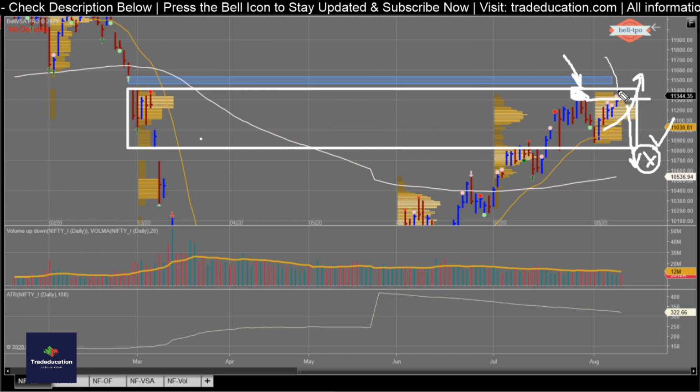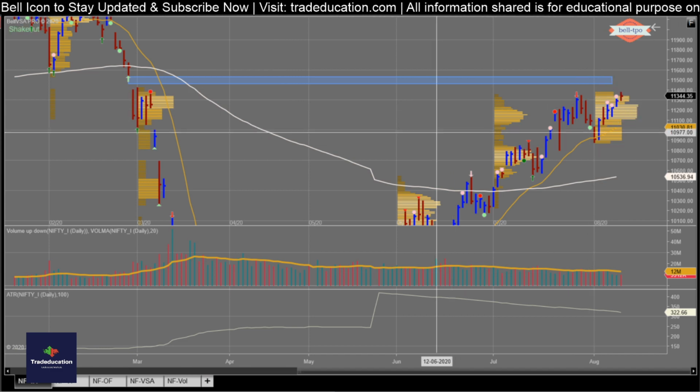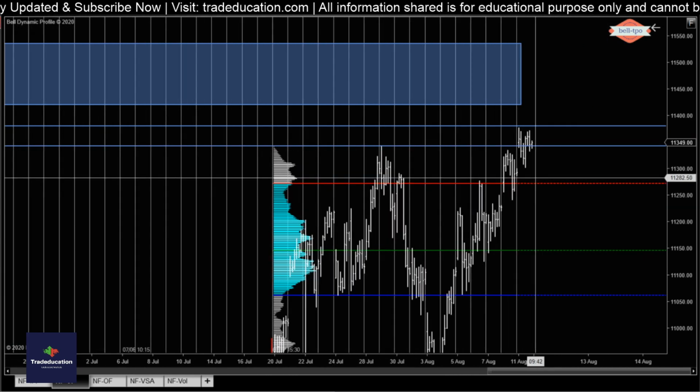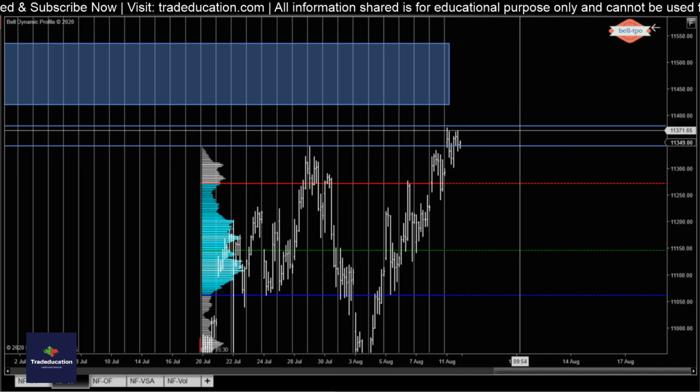Again, the sellers were trying to sell, but it was more of absorption of supply, and buyers are currently the ones who are winning the auction.